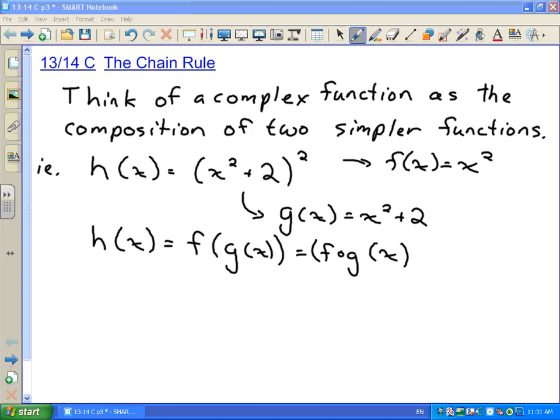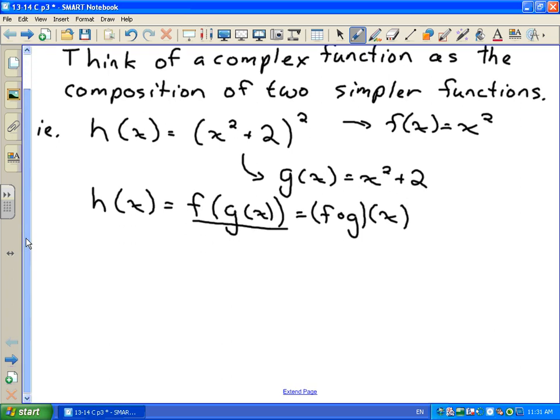Okay, the composition. This notation is probably the one that's most useful to us here. So we think of an inner function g at x that has been put inside of our outer function here, f at x.